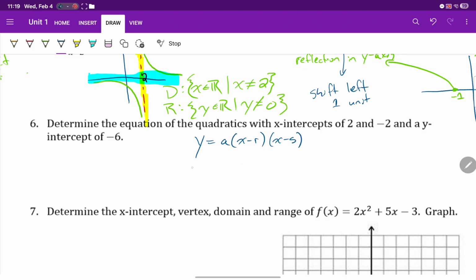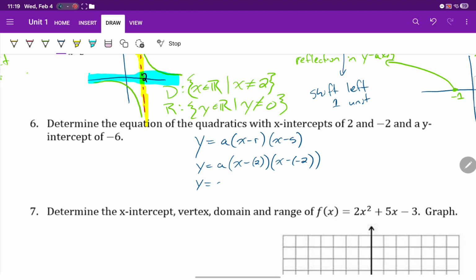So what I'm going to do here is write that in. One of my x-intercepts is 2, so I'm going to put in x minus 2. My other x-intercept is -2, so x minus -2. Put those two pieces of information in.